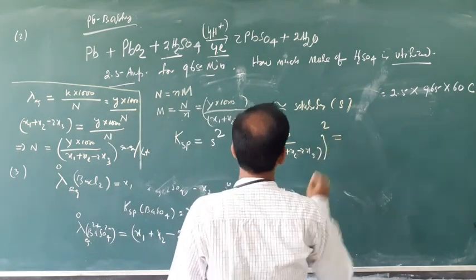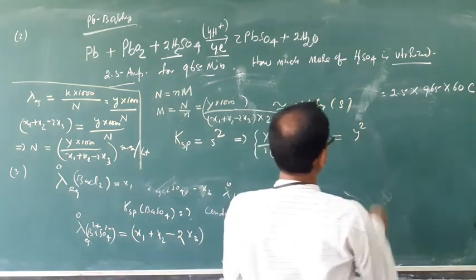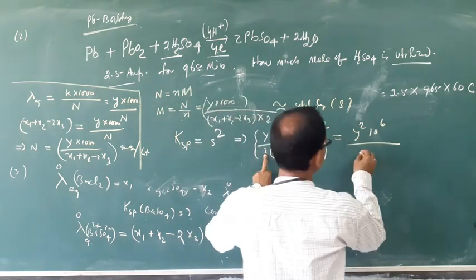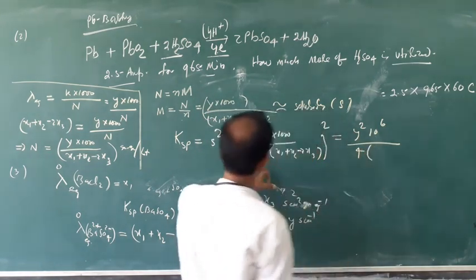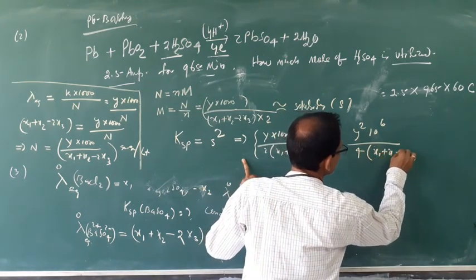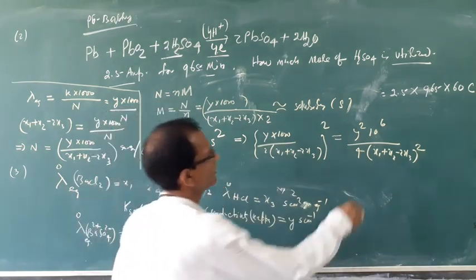That means y square, 1000 square is 10 to the power 6, upon 4 because 2 square, then x1 plus x2 minus 2x3 squared. So this is the value of KSP.